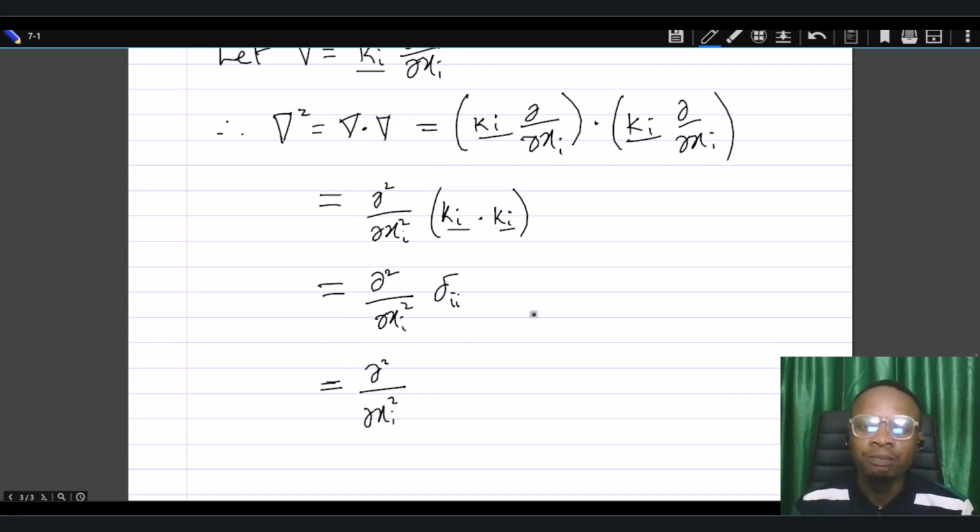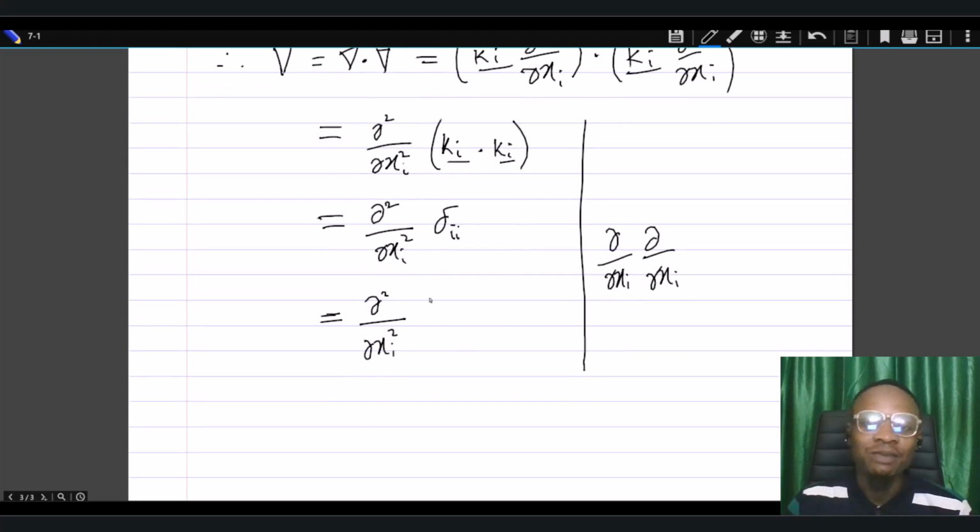So literally, we could have retained this as del del xi of del xi, so that you know that i actually appears twice inherently. So even though this has been put together as xi squared, we know that i appears twice in this. So this is still a dummy subscript.